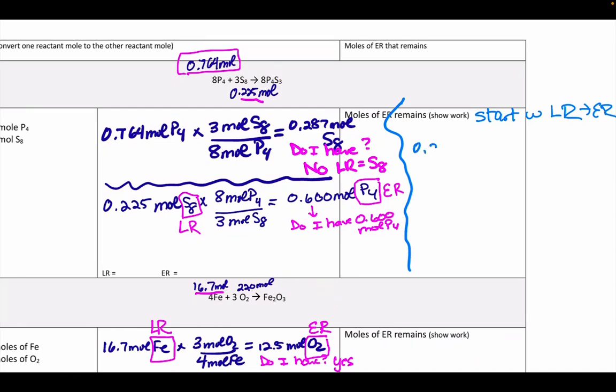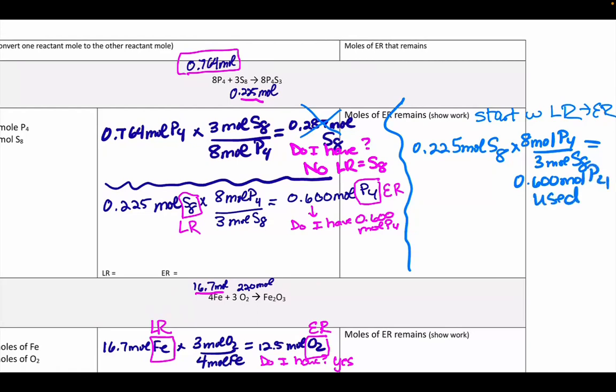So I would take my 0.225, the beginning amount of my sulfur. So notice I'm not ever going to use this number. And then I'm going to convert that into my moles of phosphorus. And when I do that, I get 0.600 moles.